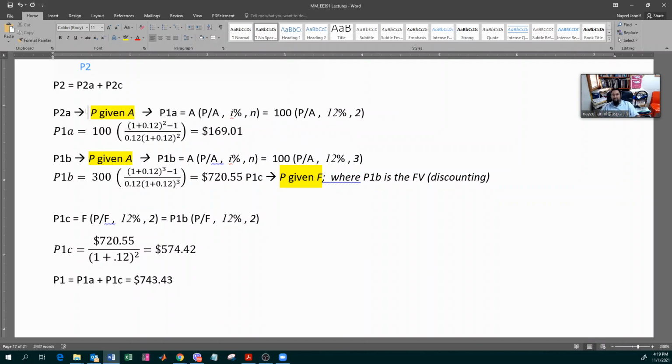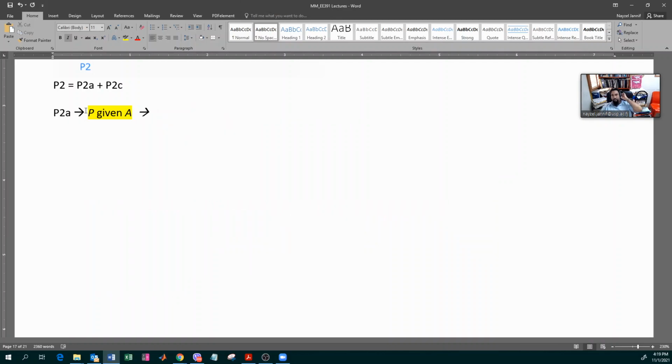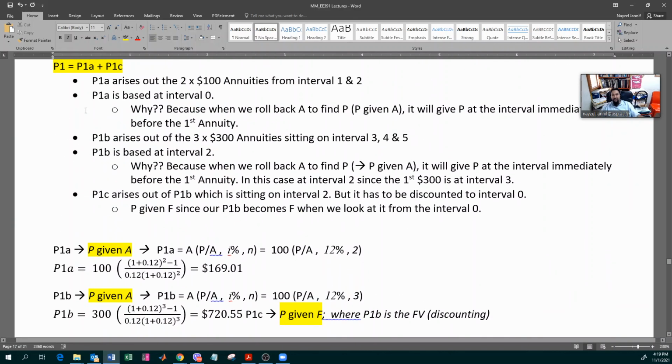We need to use P given A. All right. And maybe I should delete all this, so that I give you guys a chance to get some exemptions. Okay, so what is the formula for P given A? How would we write it?